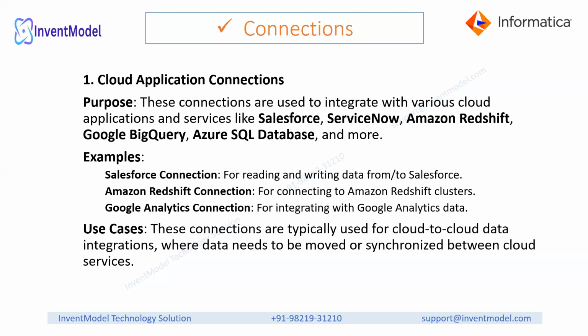These are all cloud-based applications. If you want to interact with these cloud-based applications, then we can use these cloud application connections. In the drop down, we'll get connections like Salesforce, Amazon, Google Analytics. In the drop down, you can select the connection type, and then fill in the details. Then that connection will help you communicate with these cloud services or cloud applications.